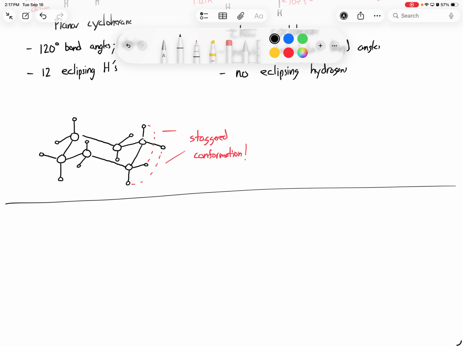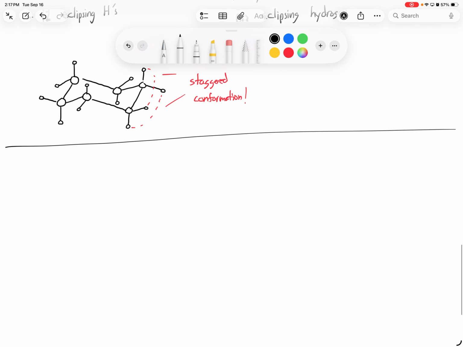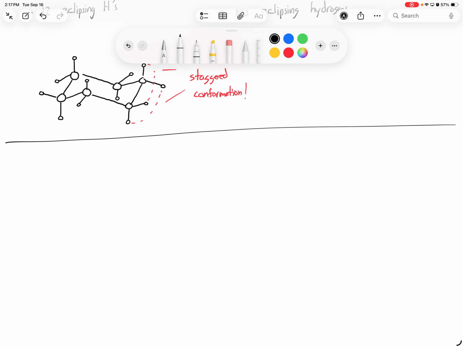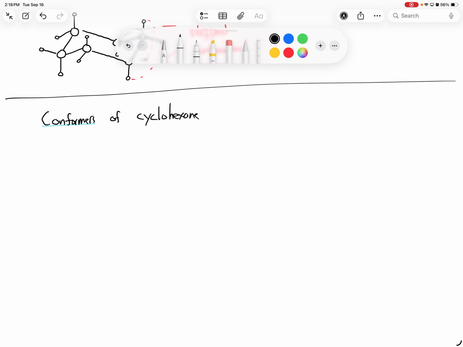So now what we're going to talk about is practicing drawing more chairs, okay? We're going to do the conformers of cyclohexane now. So this is what we call the chair conformers.